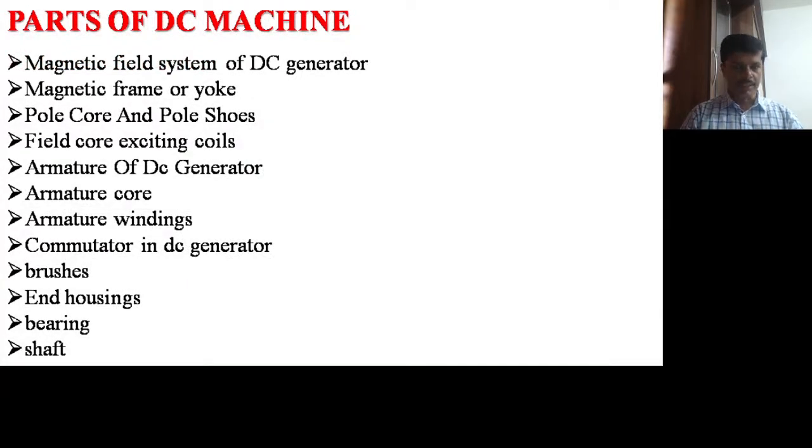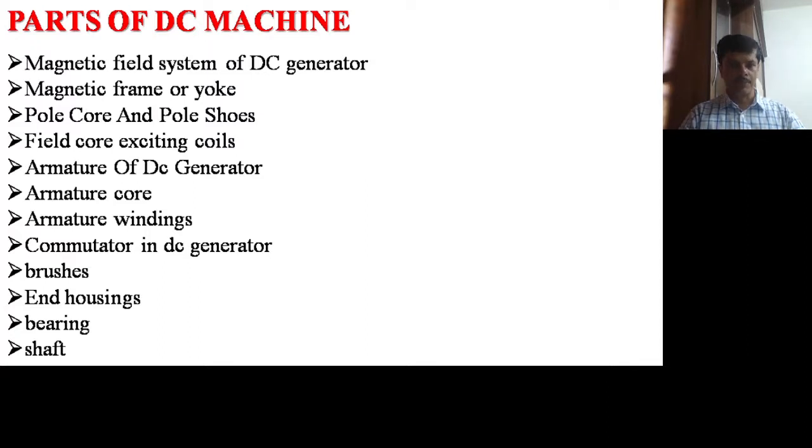There are two important parts in a DC generator. One is the magnetic field and the other one is the conductor. The magnetic field acts as a stationary part and the conductor or the armature acts as a rotating part in this case.